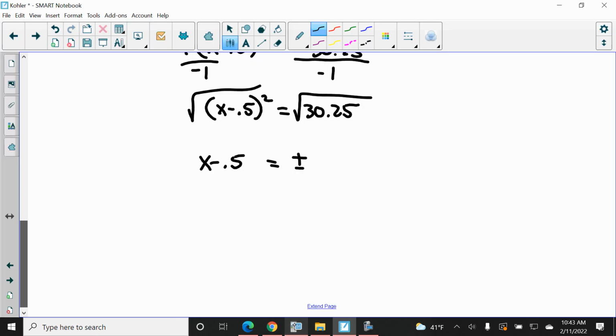Divide by -1. X minus 0.5 squared is equal to 30.25. Take the square root. X minus 0.5 is equal to plus or minus the square root of 30.25.